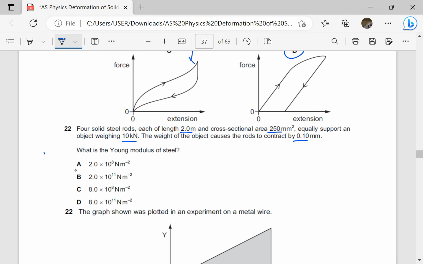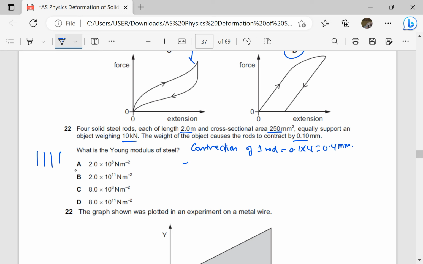Since there are 4, it's like they're in parallel. So if they all contract by 0.1, if it was alone, then it should be 0.1 times 4. So contraction of one rod would be 0.4 millimeters.